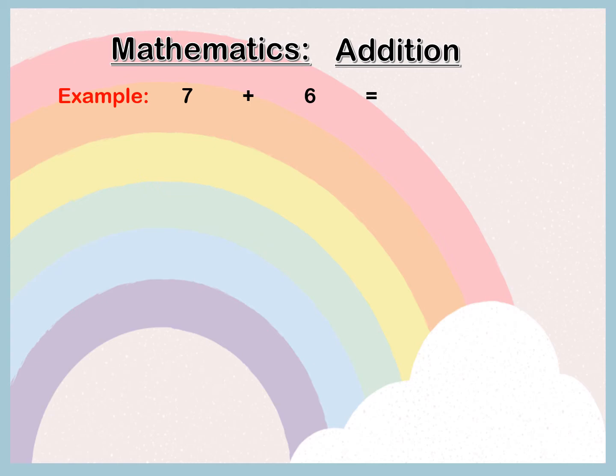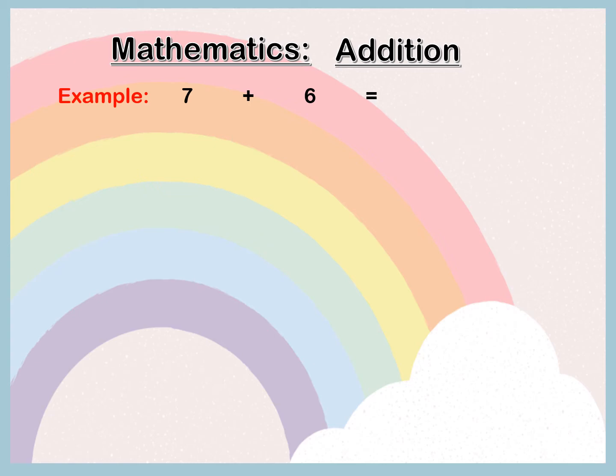Okay, I'm going to give you 10 seconds to count and tell me the right answer. Okay, 7 and 6. Let's add it up. 10, 9, 8, 7, 6, 5, 4, 3, 2, 1.